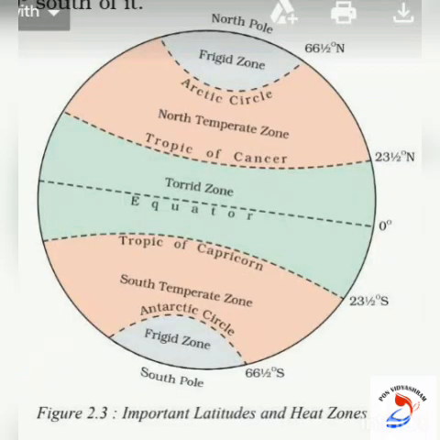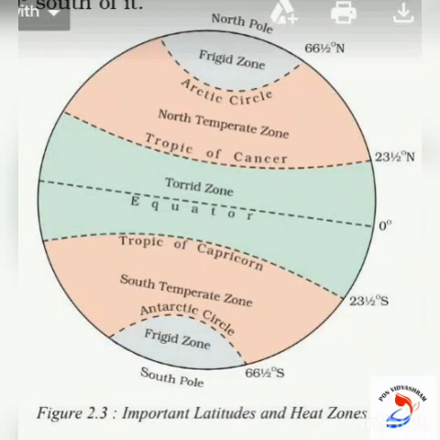From the Tropic of Cancer to the Arctic Circle, this particular place is called a temperate zone. From the Tropic of Capricorn to the south and till the Antarctic Circle is another temperate zone. The north is called the North Temperate Zone and the southern portion is called the South Temperate Zone.